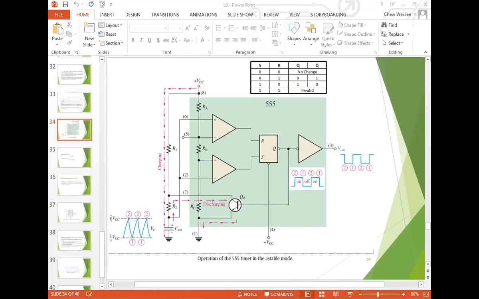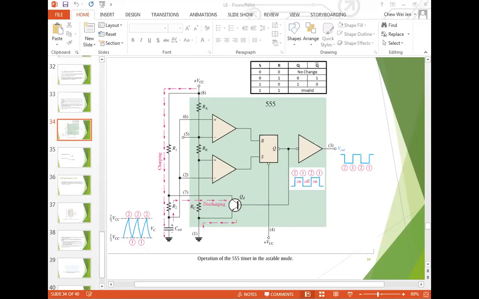That means the voltage is split equally. So the voltage from here to here is 1/3 VCC, from here to here is 2/3 VCC, and from the top is 3/3 VCC. So the thresholds are 1/3 VCC and 2/3 VCC.